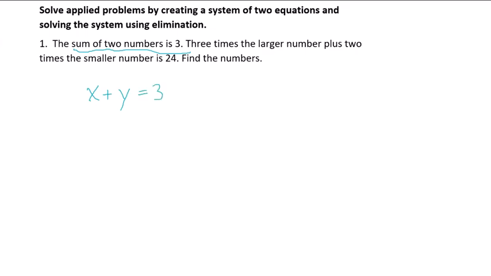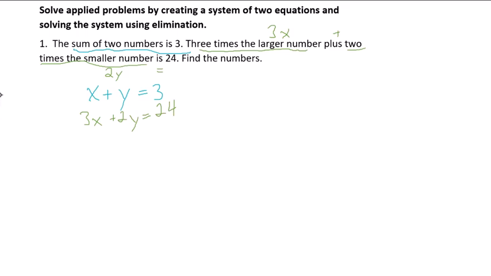And 3 times the larger number, I'll define the larger number as x, plus 2 times the smaller number, which I'll define as y, so 2y, is 24. Is means equals, and 24. So we have 3x plus 2y equals 24.